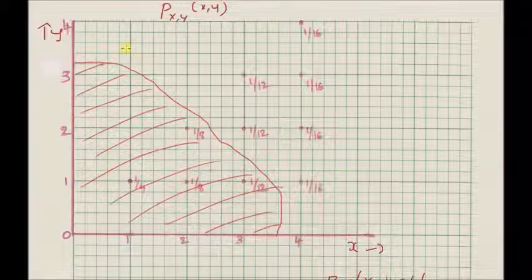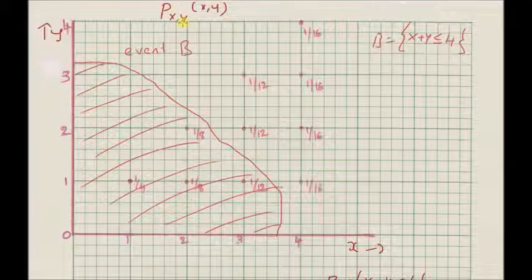So this is event B. The event B with x plus y less than or equal to 4 is shown by the shaded region. Now our goal is to find the conditional joint probability mass function, that is, P_{X,Y|B}, where B is defined by this region. We can clearly see that only 4 values fall within the event B.